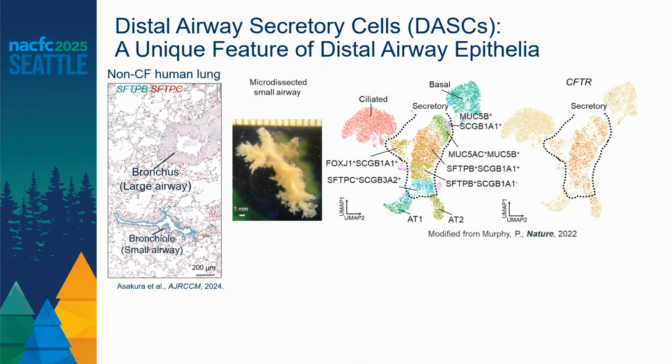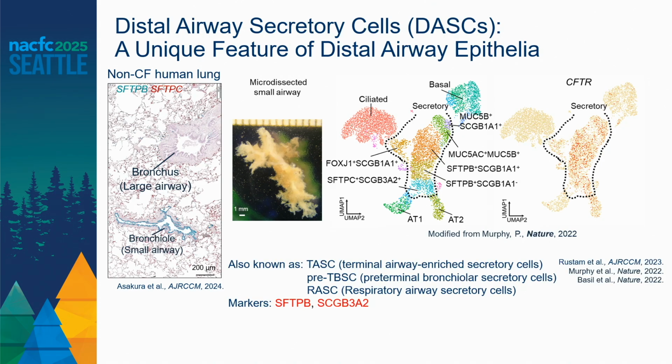Importantly, in the Nature paper from Tata's lab, these cell types highly express CFTR. So we expect that this cell population should be a very important target of CFTR restoration in the context of CF therapeutic strategies.